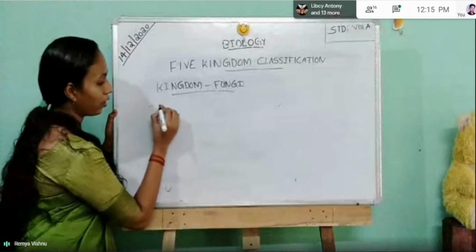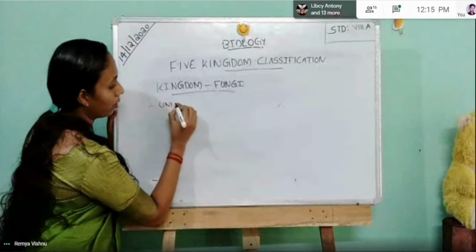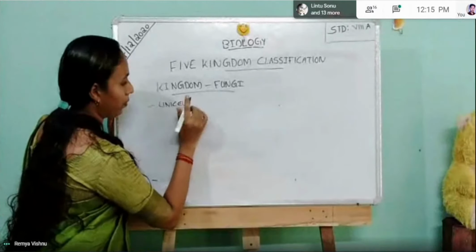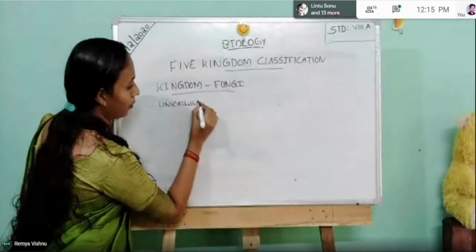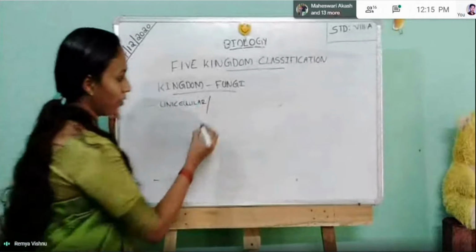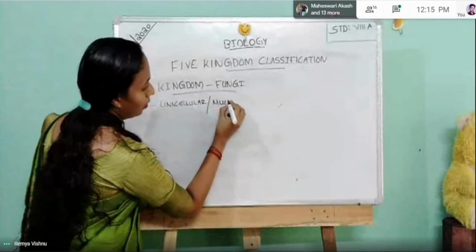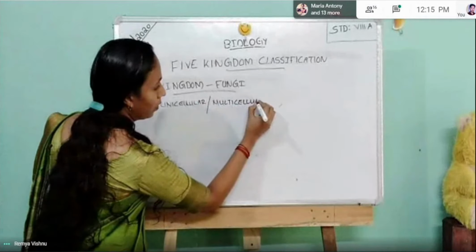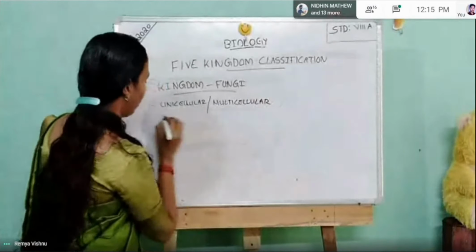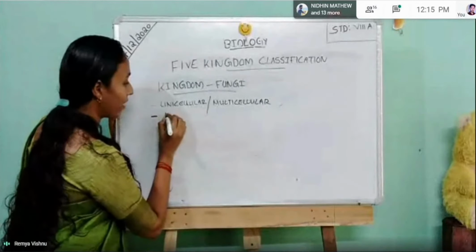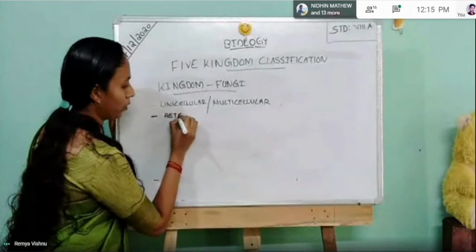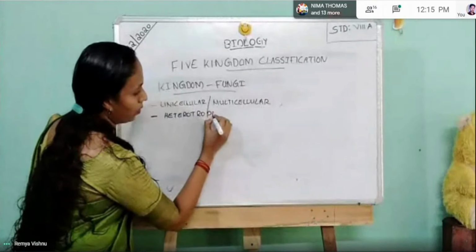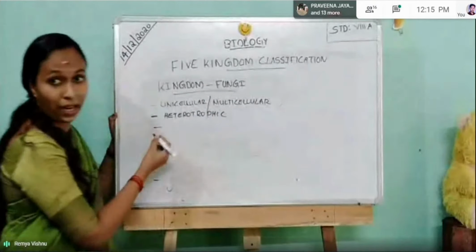The fungi are unicellular or multicellular, heterotrophic, eukaryotes.